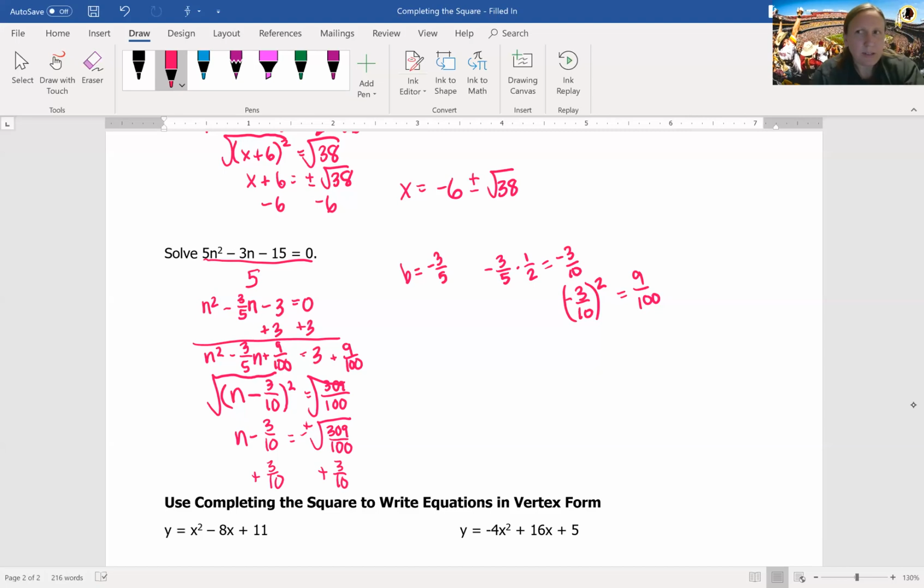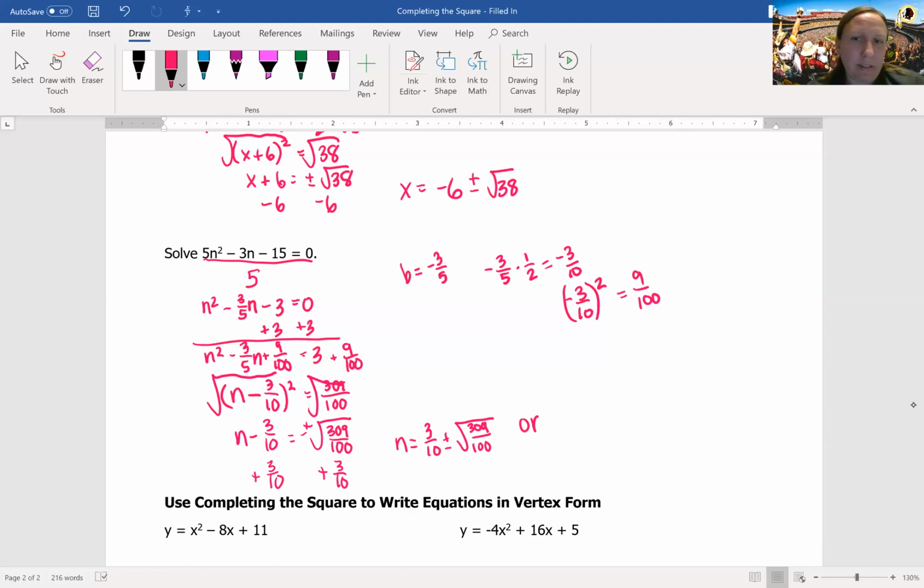And this is going to be another one where there's multiple ways of writing our answer. The most basic way right now is n equals 3/10 plus or minus root 309 over 100. However, you can actually do root 100.